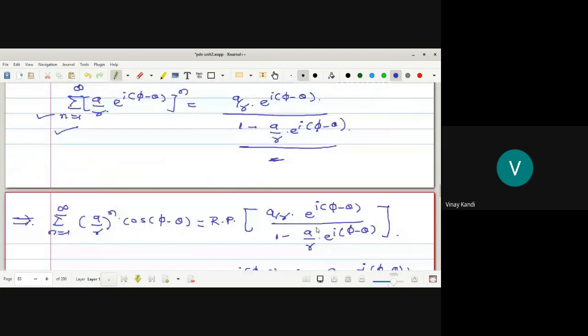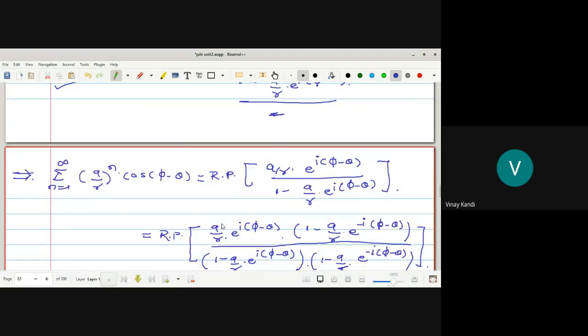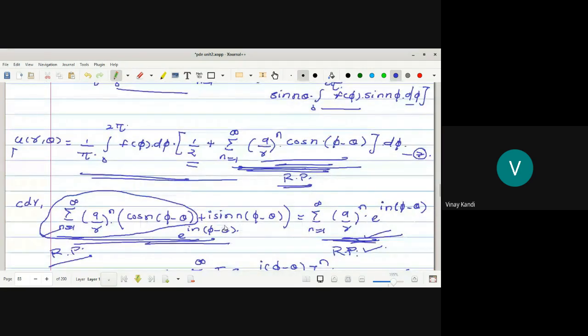Okay, so after putting the value of this one in equation 7, equation 7 becomes u is the function of r theta is equal to 1 upon pi integration 0 to 2 pi f of phi into bracket 1 upon 2... ओके आता कळा.